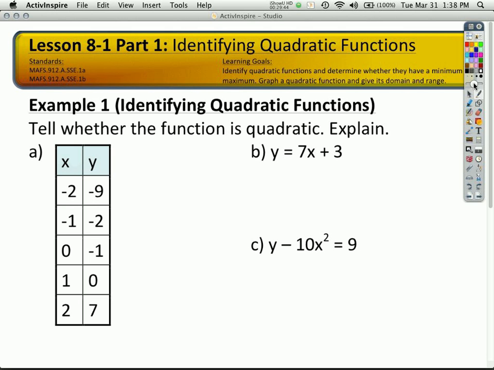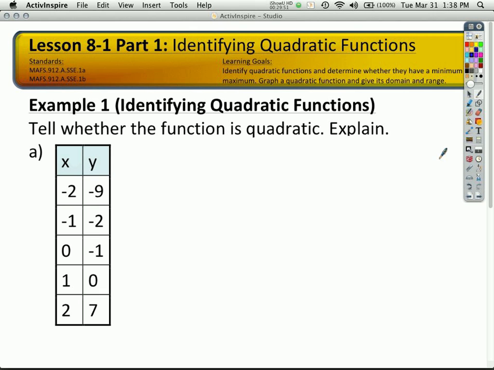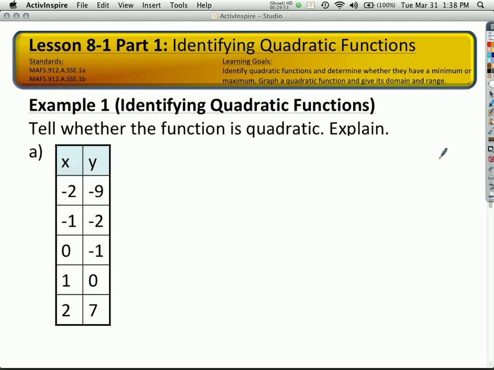So, part A. Is this quadratic? Is it linear? Or is it something else that we don't know about yet?